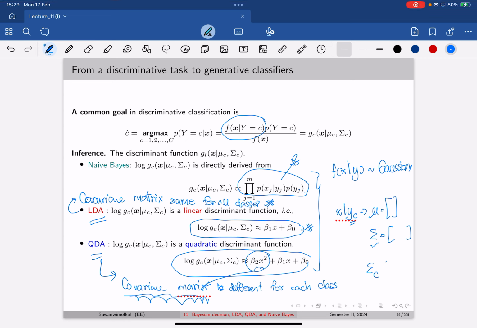So that's why, when I talk about whether or not they are parametric or non-parametric models, naive Bayes is kind of in between, but actually quite rigorous. But it is not as rigorous as these two, because if you think about this one, you impose the additional assumption that the covariance of each class has to be the same covariance matrix.